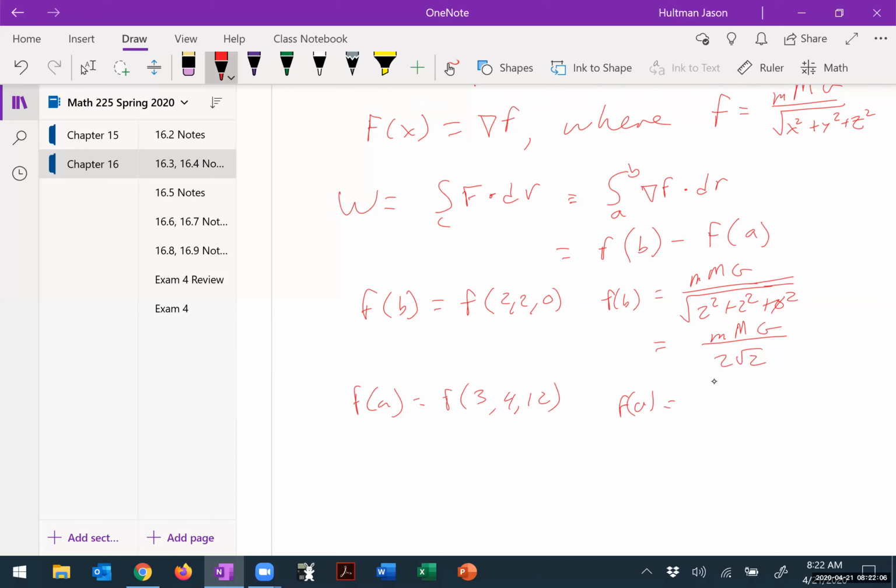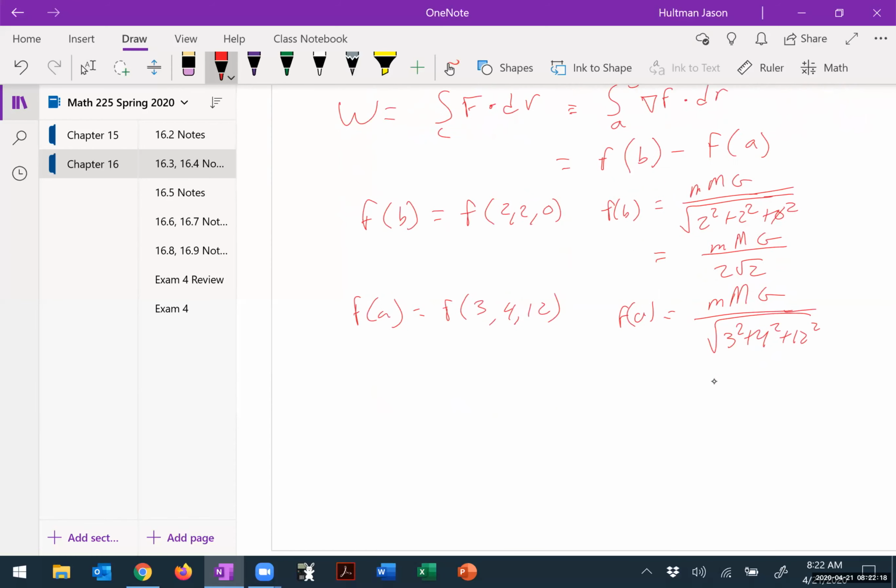F of a is equal to mMG over the square root of 3 squared plus 4 squared plus 12 squared. This comes out to 9 plus 16, which is 25. 25 plus 144 is 169. The square root of 169 is a perfect square. This comes out to mMG over 13.